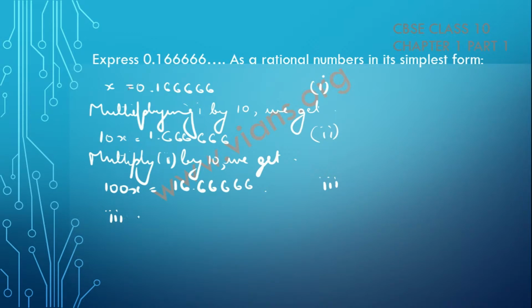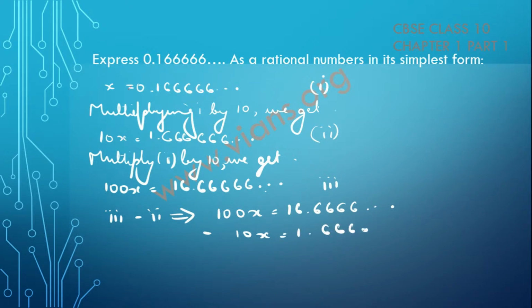So now what we could do is 3 minus 2: 100x is equal to 16.6666, and so on, minus 10x is equal to 1.6666, so we get 90x is equal to 15.00.